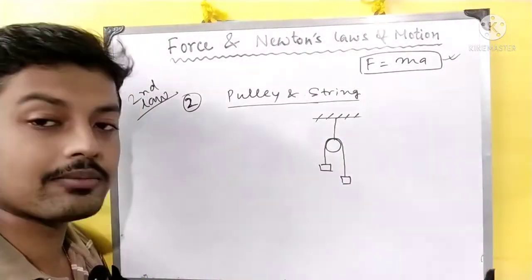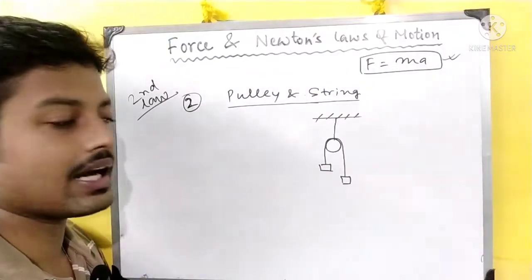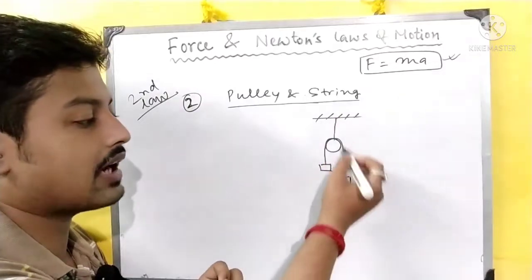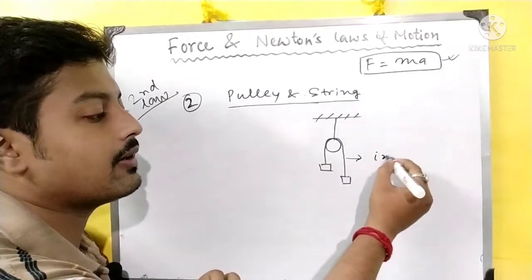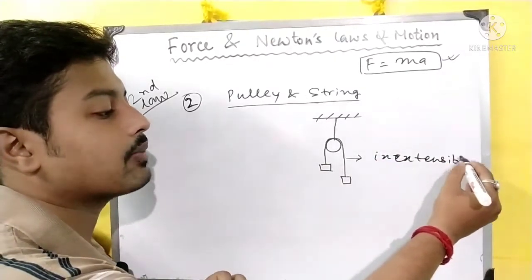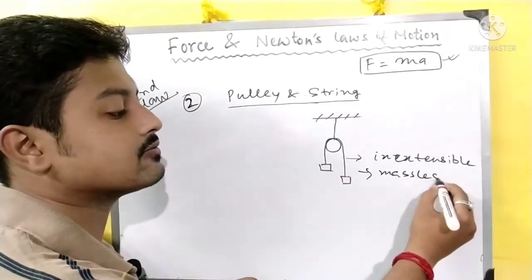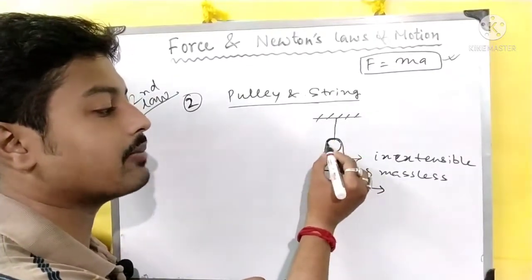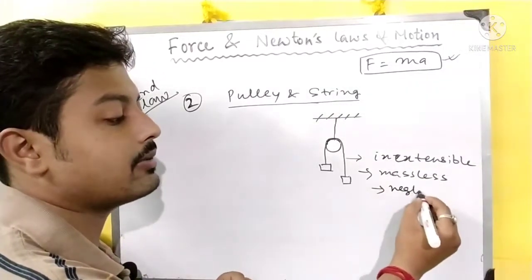You have to make some assumptions while solving pulley problems. What are they? The string tied around the pulley has to be inextensible, meaning it will not stretch on pulling. It will be massless, and the friction between the pulley and the string will be neglected.